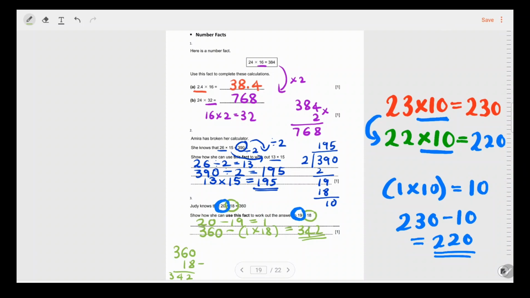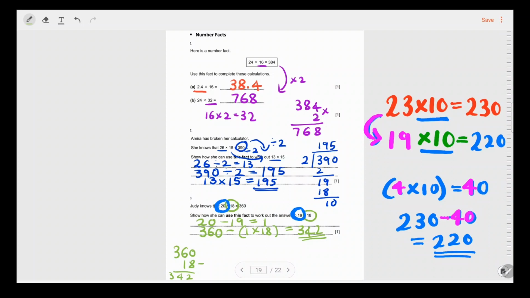This could have also very well been something like 19 times 10, right? So here we still have a number fact, and here these are both times 10, but the difference here between 23 and 19 is 4 instead of 1, so that'll be 4. And 4 times 10 is 40, which means that if it was 19 times 10, we need to subtract 40 from 230.